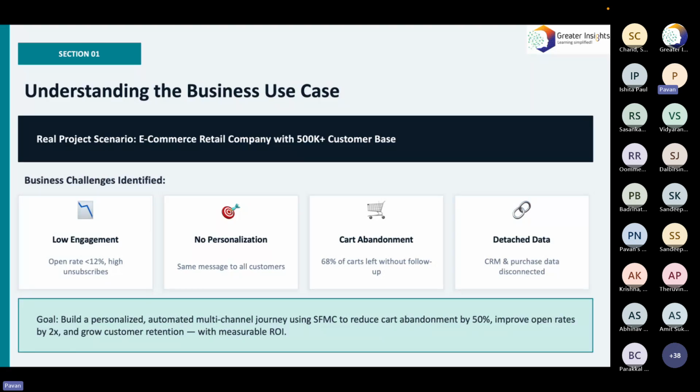This is the mantra, or the line we use in CRM across multiple portfolios, be it hospitality, insurance, retail, banking, anything. You always want to send the right communication to the right customer at the right time.